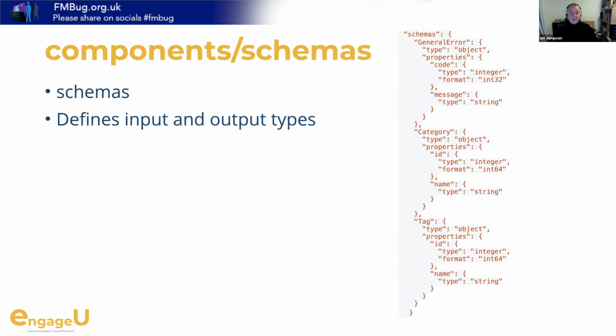And then basically the schemas describe the input and output types. So in this case, you can see that we've got a category. The second item down, a category is an object. It's got two properties, an ID, which is an integer and describes the format, and a name.